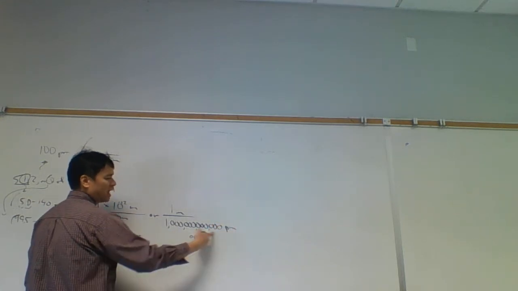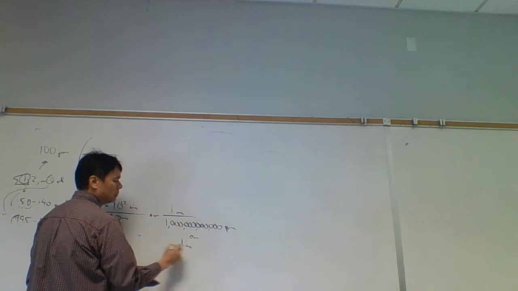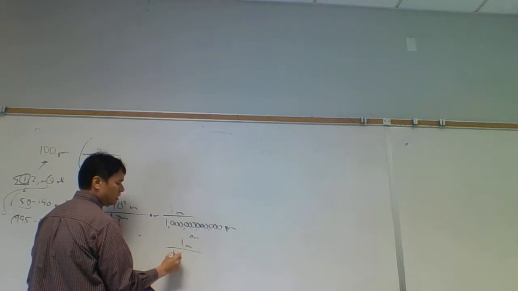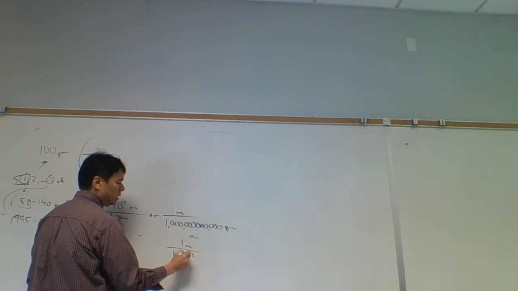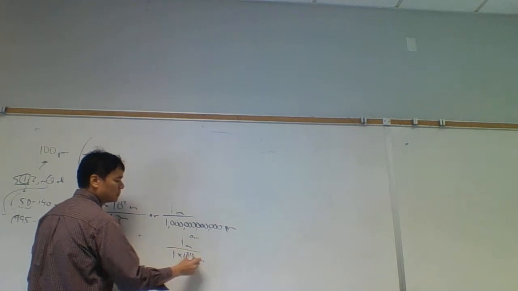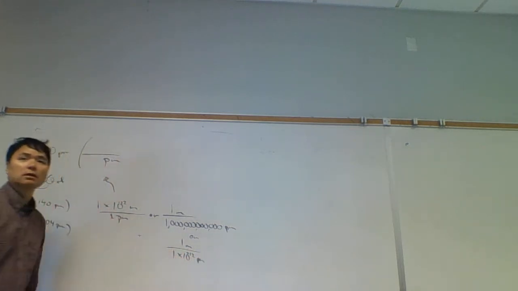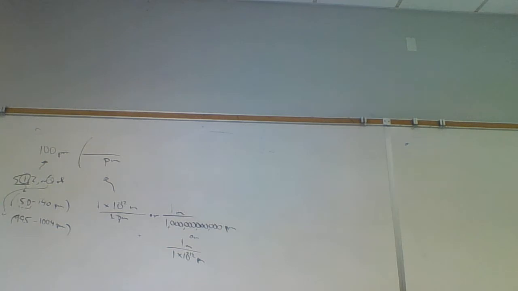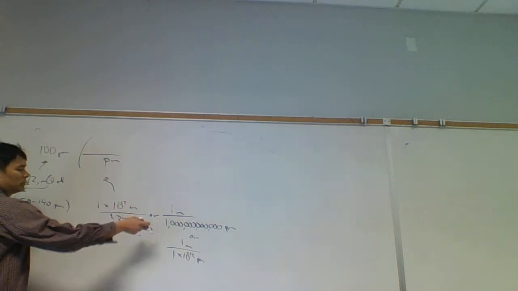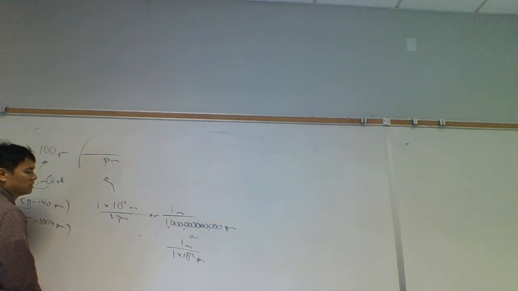Or, since this is huge, we use scientific notation: 1 meter contains 1 times 10 to the positive 12 picometers. In 1 meter, there are 1 trillion picometers. Are these exact or approximate? These are exact, and so it's infinite sig figs. And so it doesn't matter which one you use. Either one's fine.